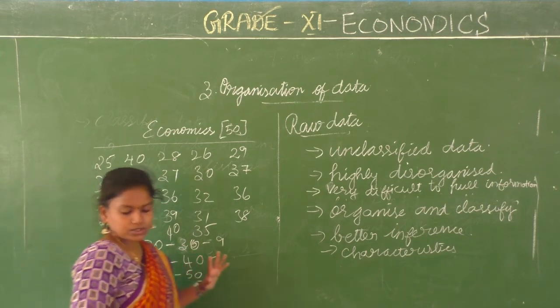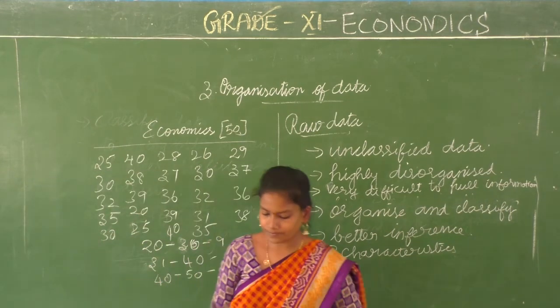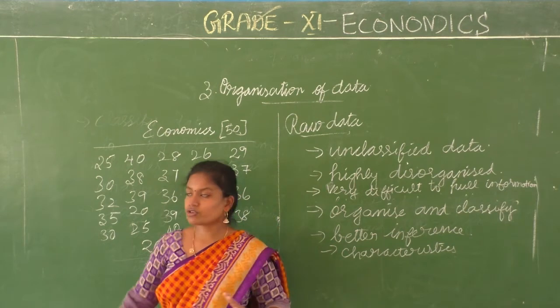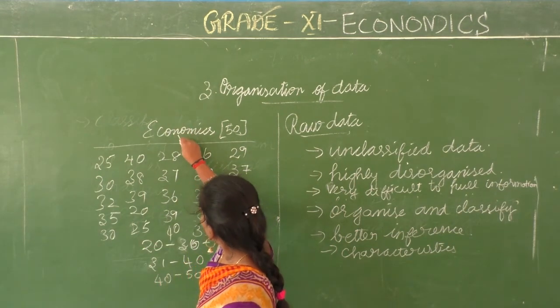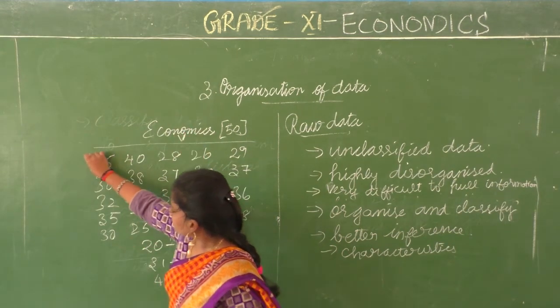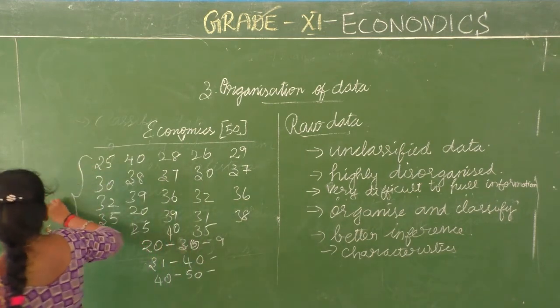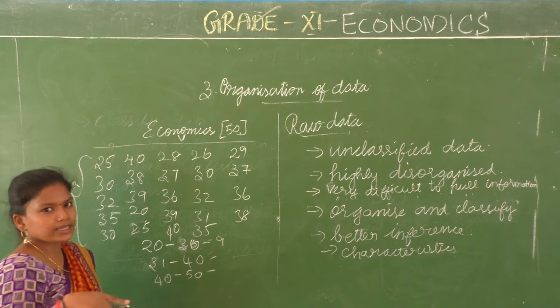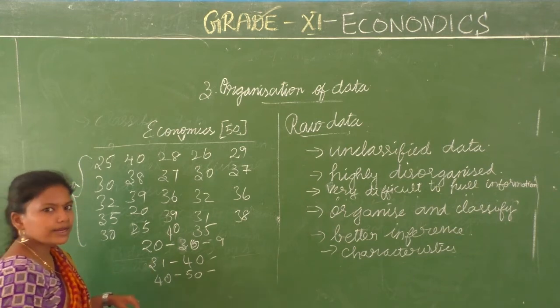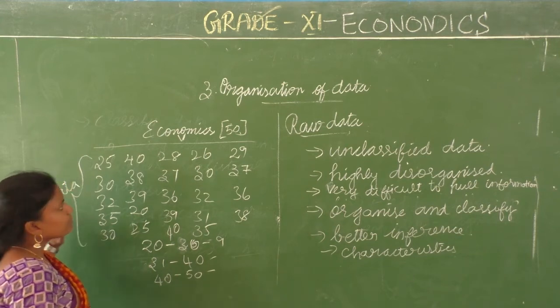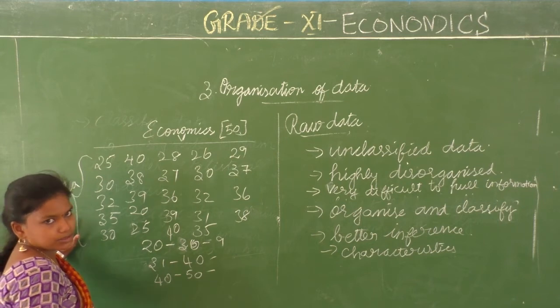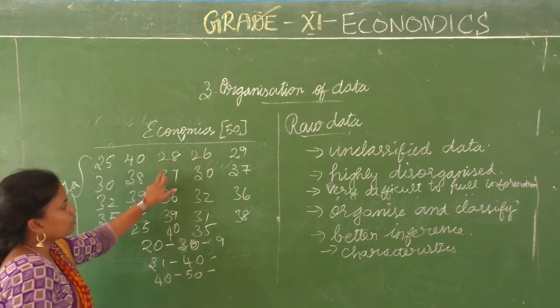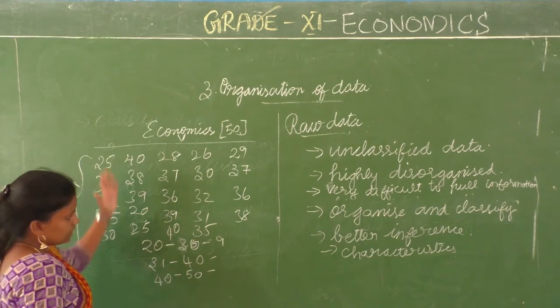Raw data consists of observations on variables. Here your variable is economics, and then it is called data. We discussed in the second chapter what is meant by data and what is meant by variables. This is a variable because each one varies. This is data.